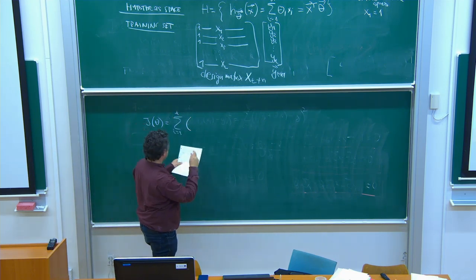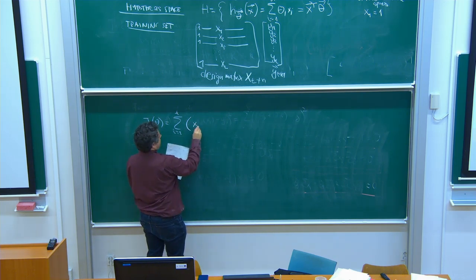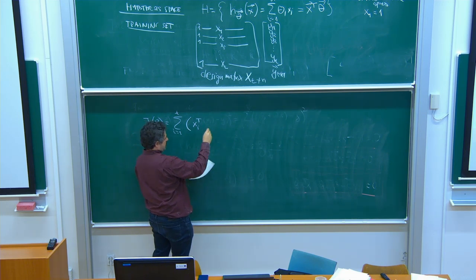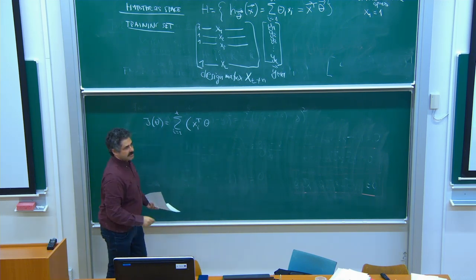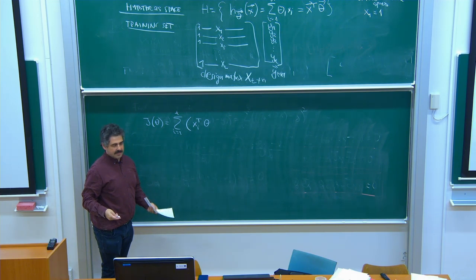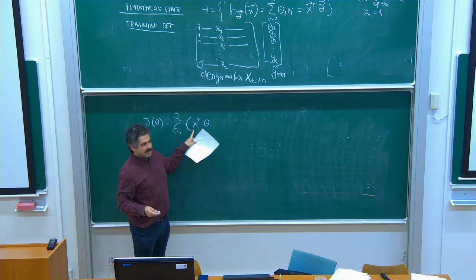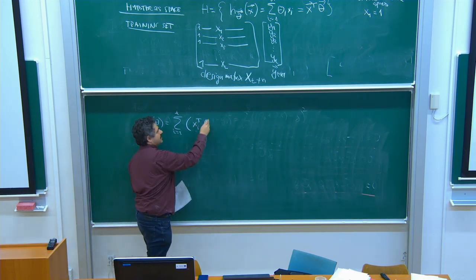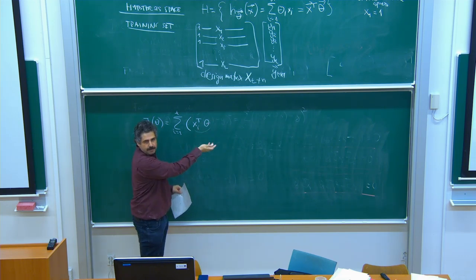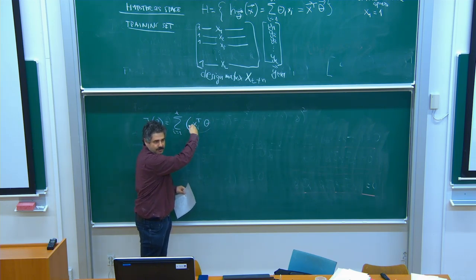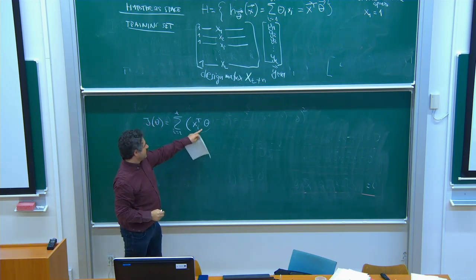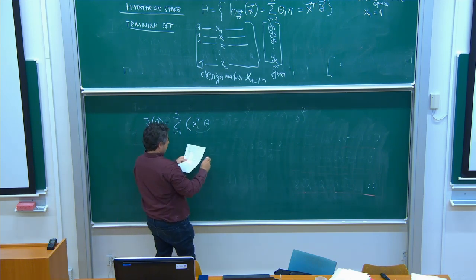And we know that we have xi transpose times theta. That's the value you get when you apply the function with parameters theta to the vector xi, one real number.